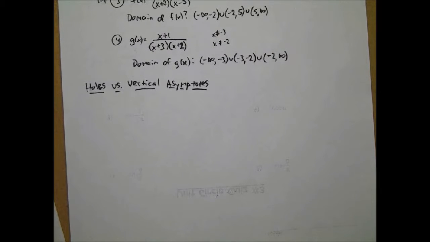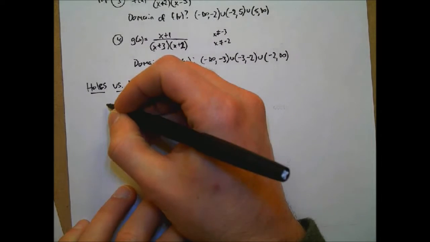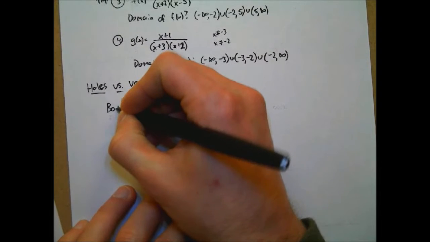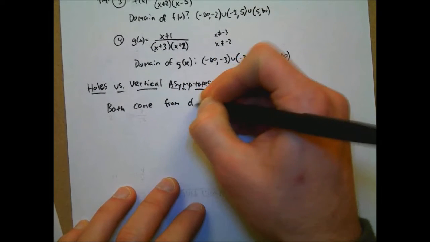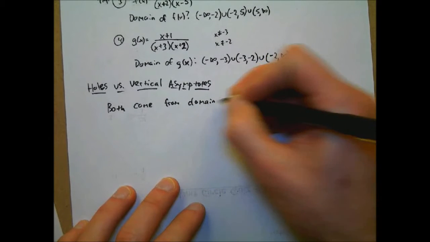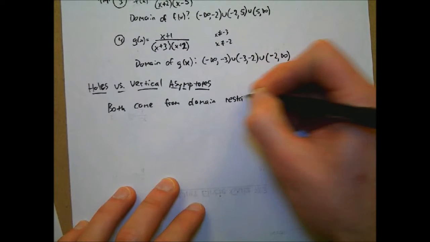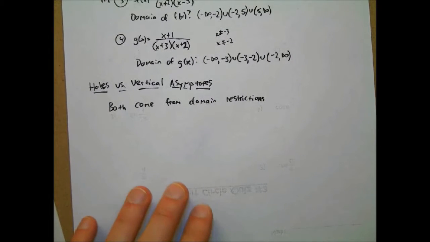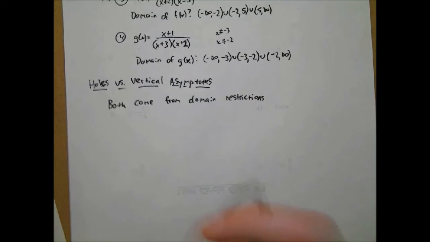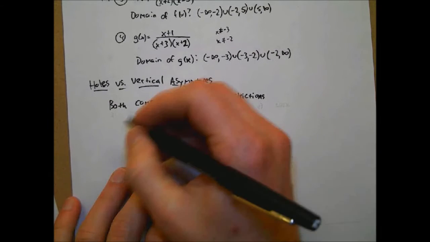So anyway, holes versus vertical asymptotes, okay? Both come from your domain restrictions. Okay? The difference is this.